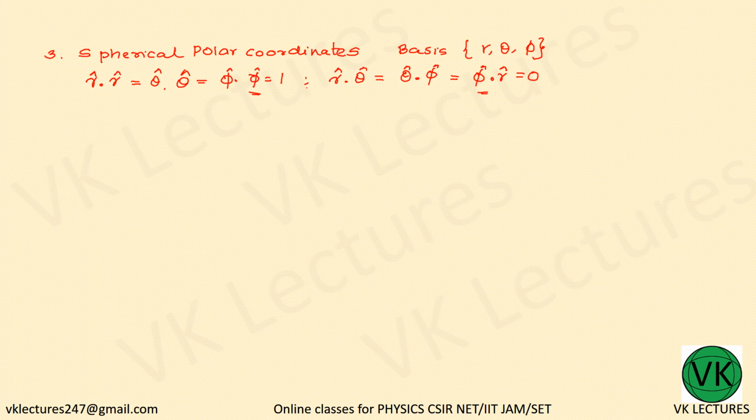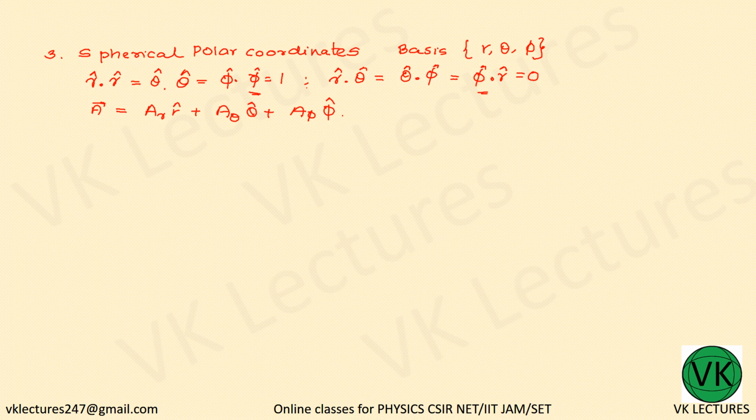Now any vector A in spherical polar coordinates can be written as A_r r cap plus A theta theta cap plus A phi phi cap, where A_r, A theta and A phi are the components in spherical polar coordinates corresponding to r cap, theta cap and phi cap respectively.